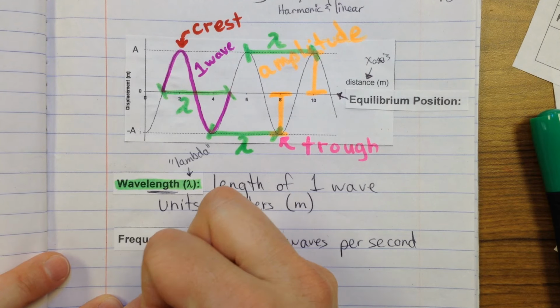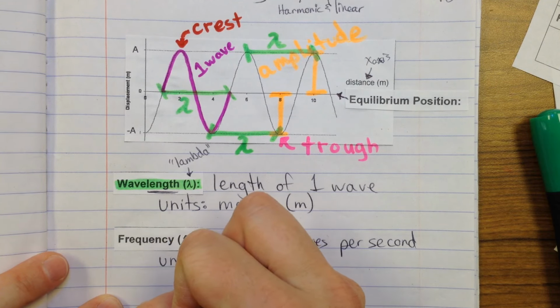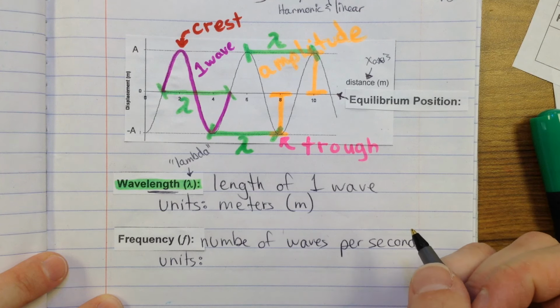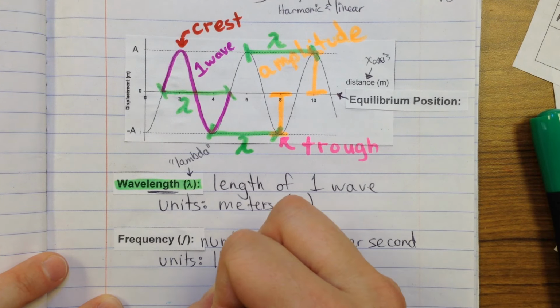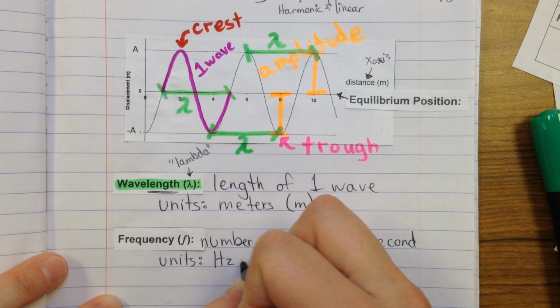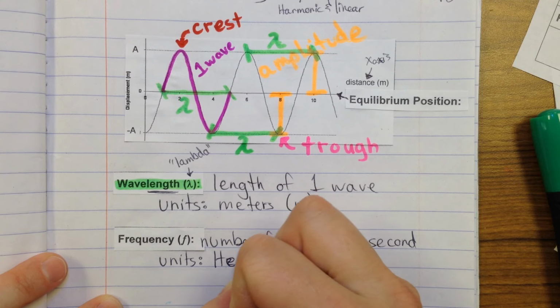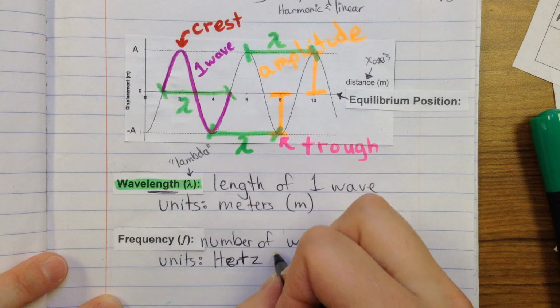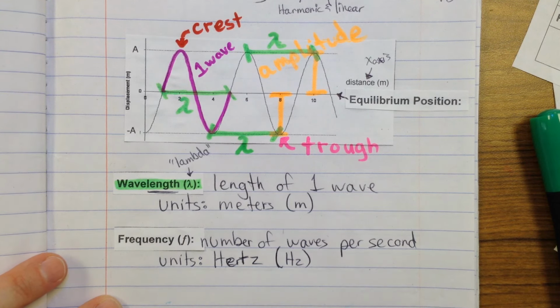Okay, what are my units of measure for frequency, class? Hertz. Spell it out first. H-E-R-T-Z, abbreviation H-Z.